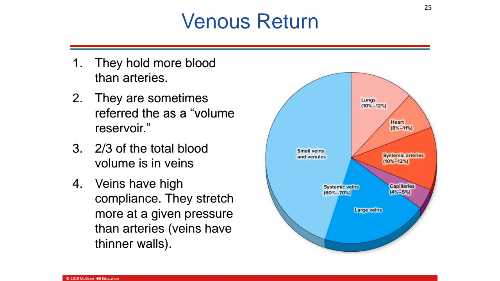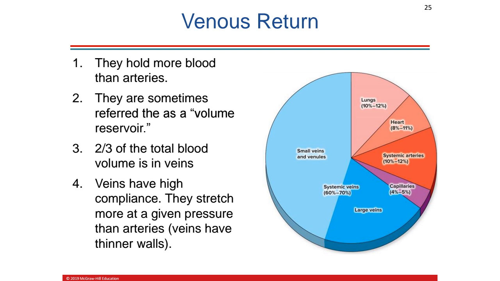And we're talking about small veins and venules as well as large veins. So overall, about 2/3 of your blood is found in your veins. And for this reason, they're sometimes referred to as a volume reservoir. The reason they're considered a reservoir is if you do lose blood, then you essentially have a little bit of extra blood that we can draw upon in those situations.